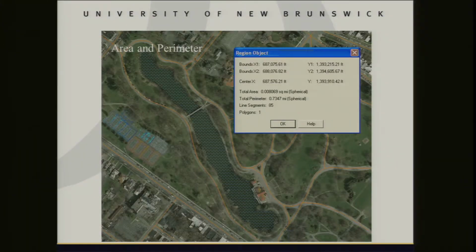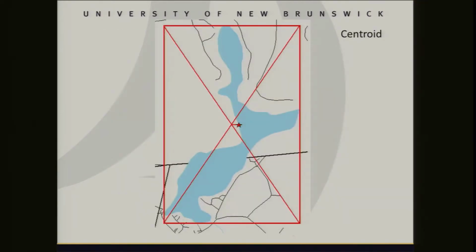So, how about this object here, this lake: what is the total area and perimeter? What is it composed of? How many line segments and how many polygons? What is the center? What is its extent? What is the center of this lake?